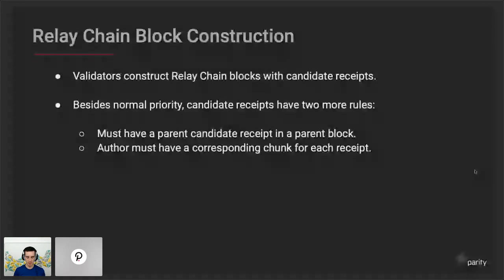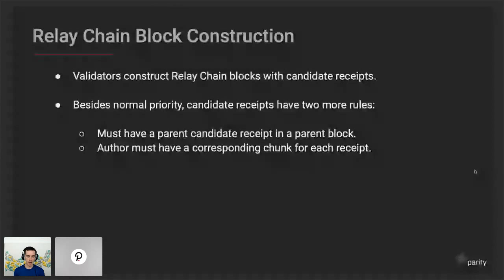So the actual update in the relay chain is an inherent that comes from the block author, and they're going to take all the candidate receipts that they have and start to update the block headers. In order to select which ones they're actually going to update with, they're going to say: we have to have a parent candidate receipt.